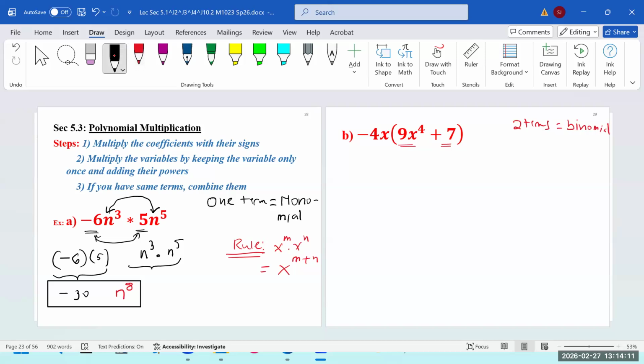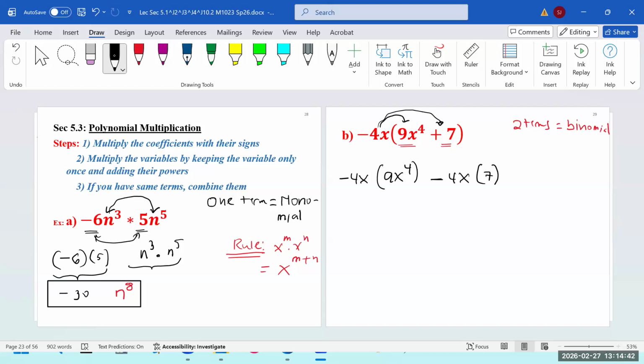Good job. We take our monomial negative 4x and we distribute to the first term in our binomial. And then we do the same thing for the second term. We take our monomial negative 4x and we distribute it to our second term in the binomial, which is 7.